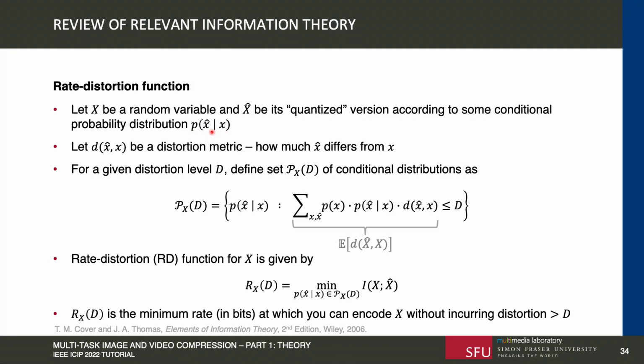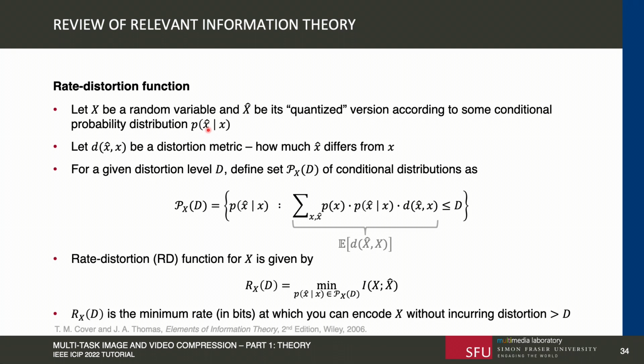It's basically an impulse located at the nearest representation level. But there are some quantizers with non-degenerate distributions that are actually used in practice. An example is RDOQ, rate distortion optimized quantization, in HEVC and VVC.